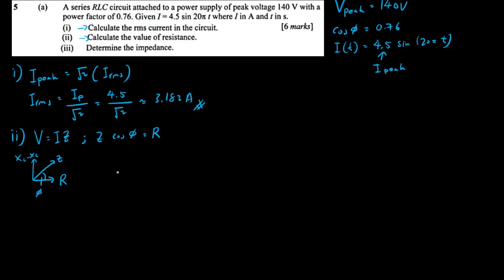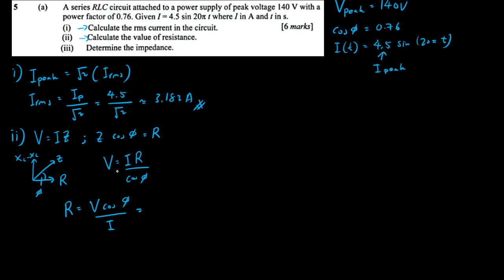Once you know that, you can immediately substitute it into the modified Ohm's law, and I can have V equals I times R over cos phi. If I'm looking for R, I'll have R equals V cos phi over I.